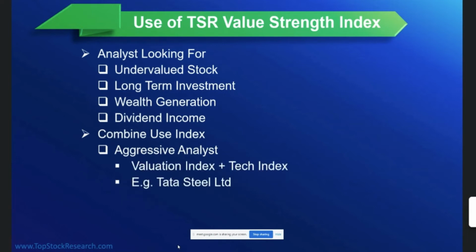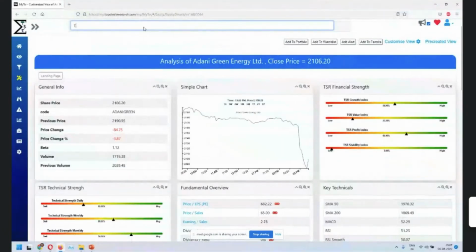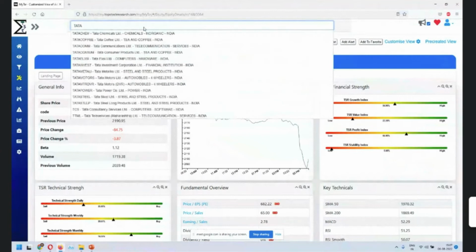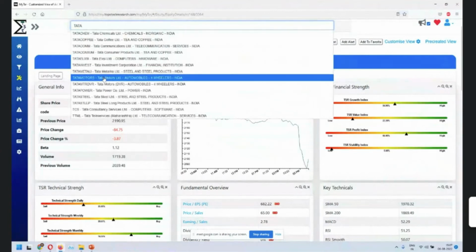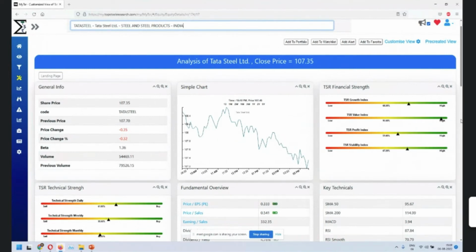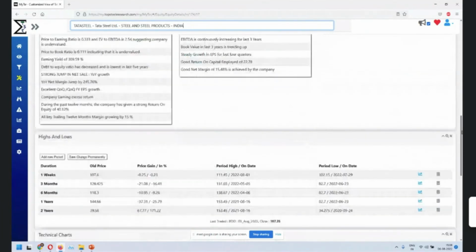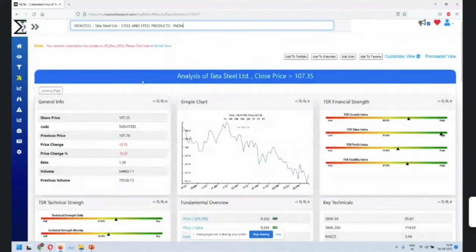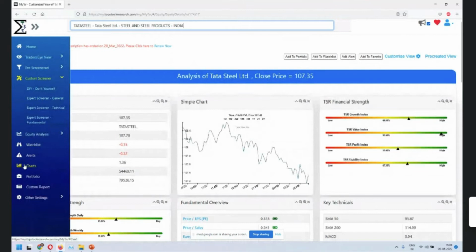So it's likely to give you good results. Tata Steel is one of the examples. Let's look at Tata Steel. From Tata Steel's perspective, purely from value, it is very good, and technical strength is also good. So this is one of the good bets which our team has found.